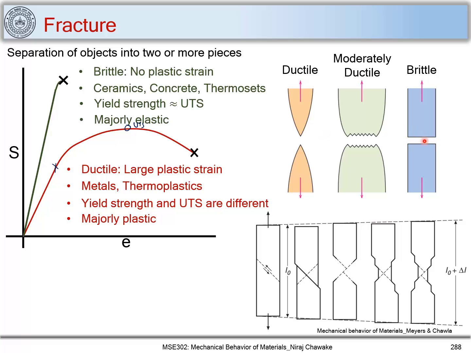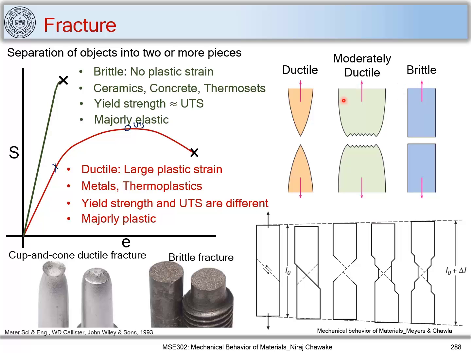While here there is no change in the cross-section or area, you can see that there is almost no change in the cross-section area. This kind of fracture is demonstrated by brittle materials. However, this case, which shows a fibrous fracture, is for moderately ductile materials, which lie between ductile and brittle materials.